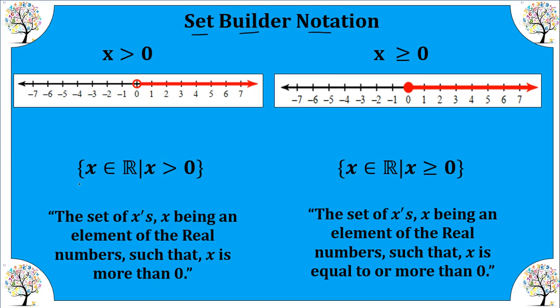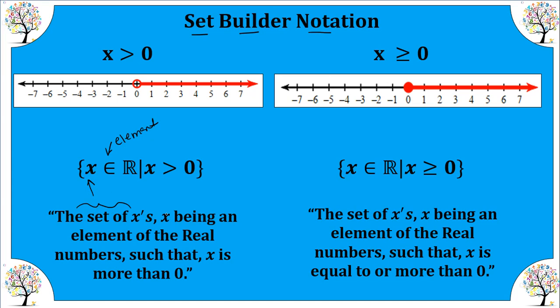So the set of x's, so this curly bracket here means the set of, and then we have the x's, so this part is right here. The set of x's, x being an element, so that's what this notation means, element.